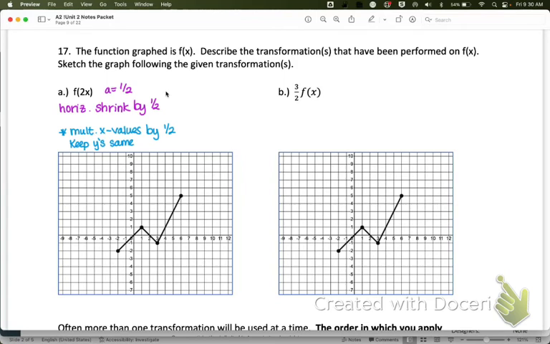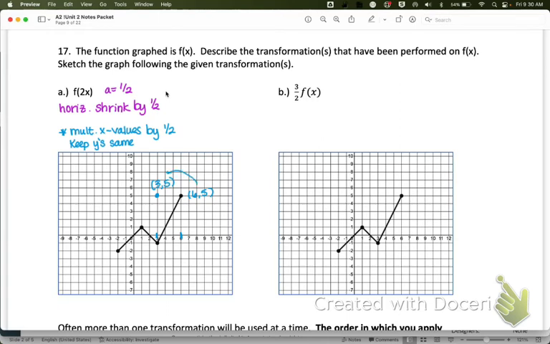Okay, so here's the idea. This x value on the far right is 6. So half of that is going to be 3. But the y value is 5, so it's going to stay 5. So instead of being at 6, 5, now I want half of that, which is going to be 3, 5. Again, the y value stays the same.